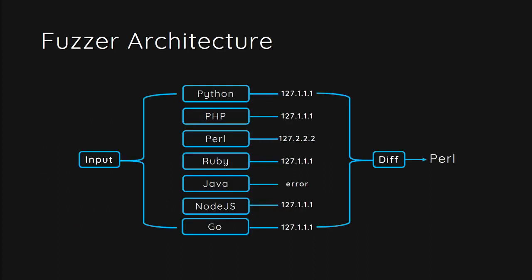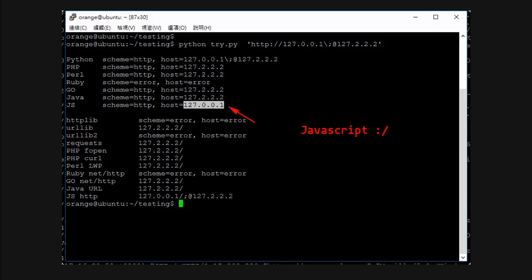For example, for this input, every language returns 127.1.1.1, but Perl returns 127.2.2.2. So we compare the results and figure out the weird one is Perl. This is a real-world result.